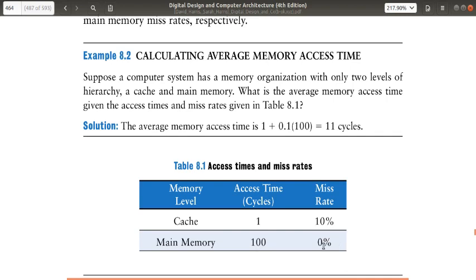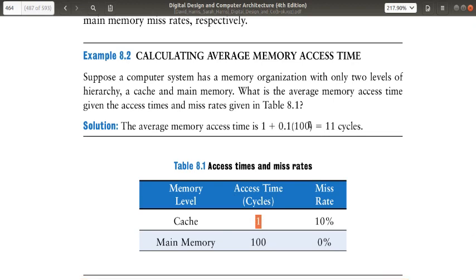What does it mean that the miss rate is 0? It means any data that the processor needs will be there in the main memory. So if it is not there in the cache memory, it will definitely be there in the main memory. So what is the average memory access time? T cache, that is 1, plus miss rate of cache, MR cache, into TMM.